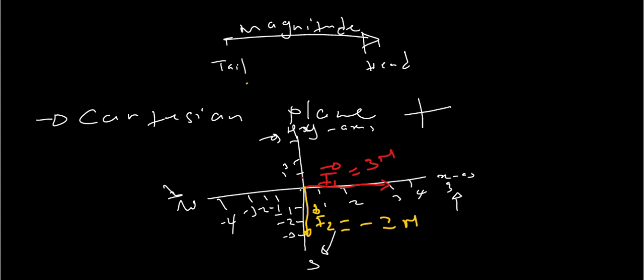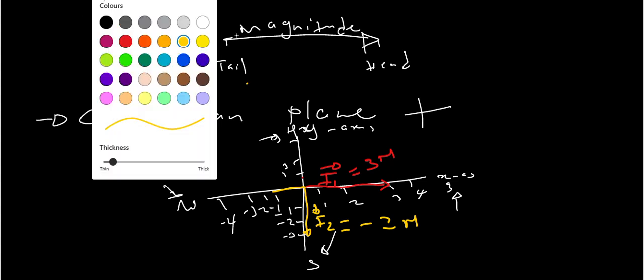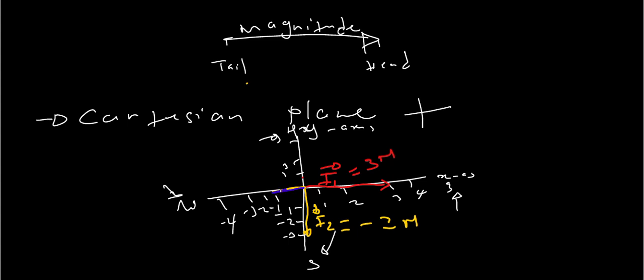Also, if we have another arrow here, sorry, let me use another color. Here's an arrow. It's on -1. Its name is F3, so F3 equals -1 Newton.